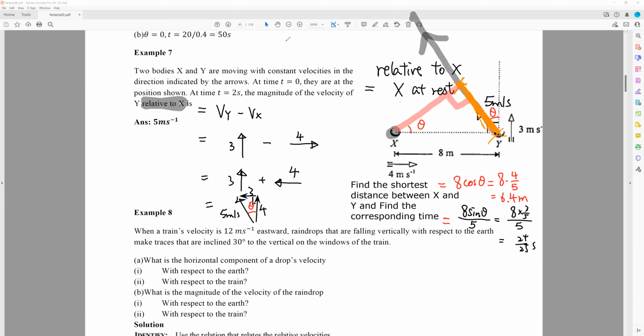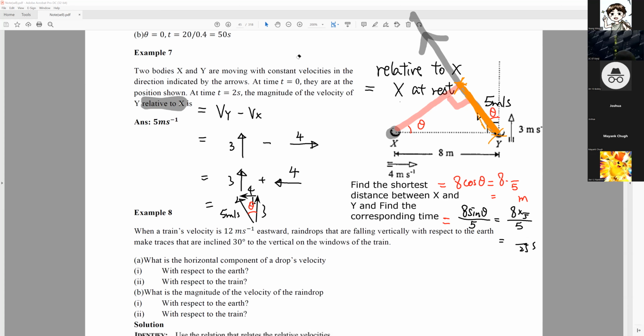I think not, hey, you fooled me. It's 4 and 3, so this is 3, okay, this is 4. It's 4.8 meter and this is 32 divided by 25. Okay.